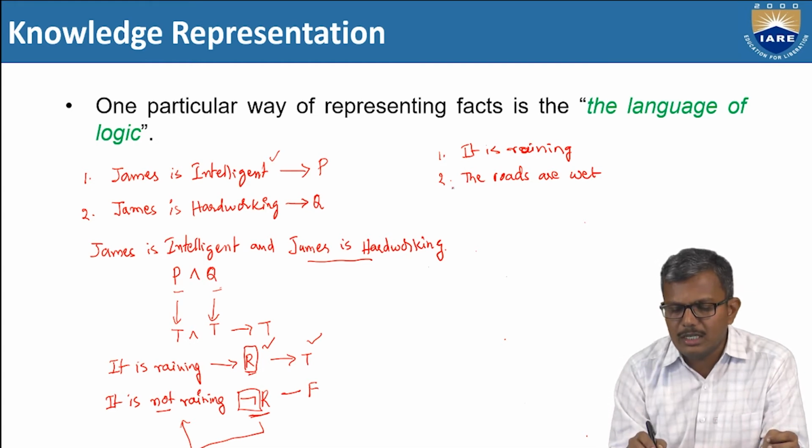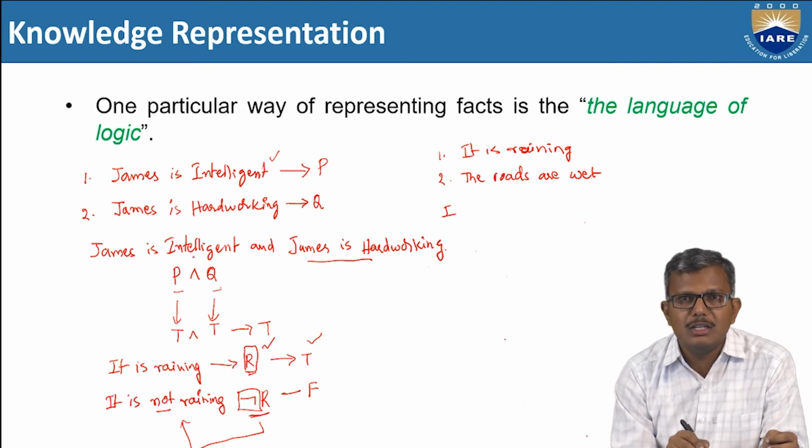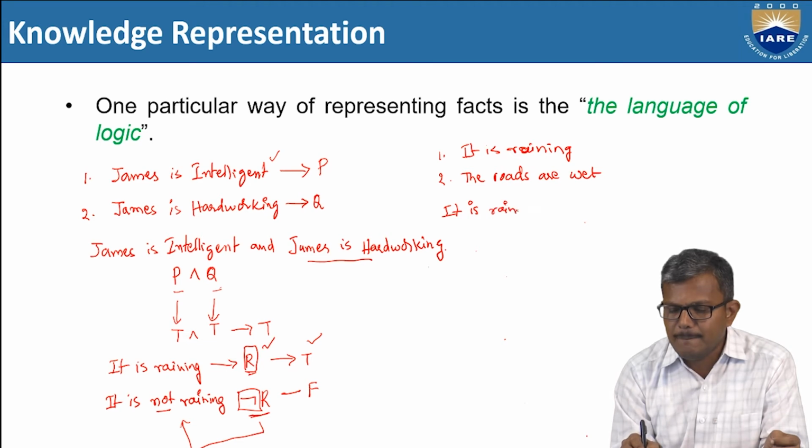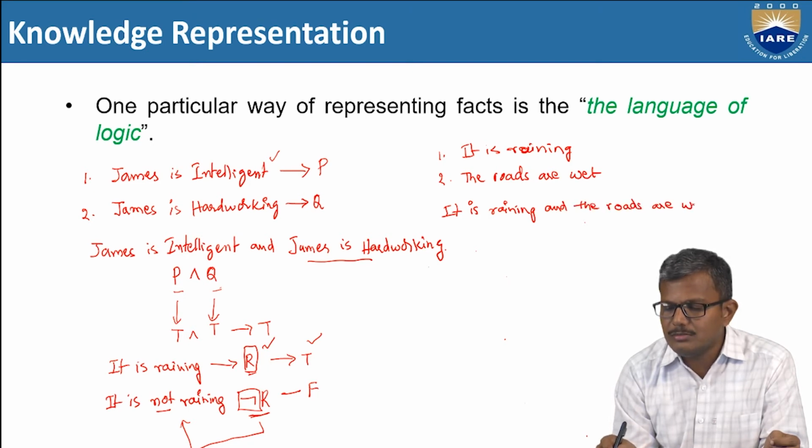I can write it the same way as we did for James is intelligent and James is hardworking. Just like that, here I am adding a connector. What is that? And is the connector. So it is raining, and the roads are wet.